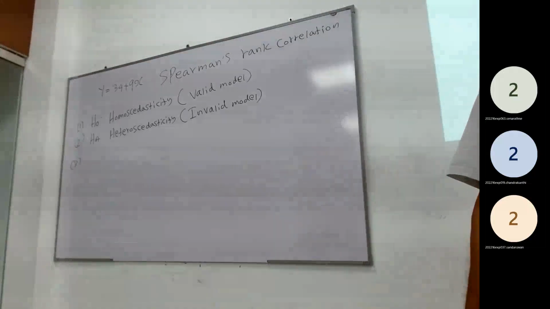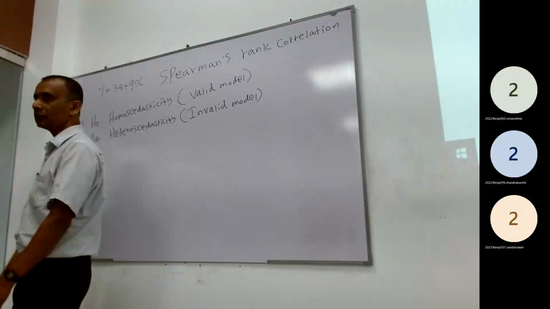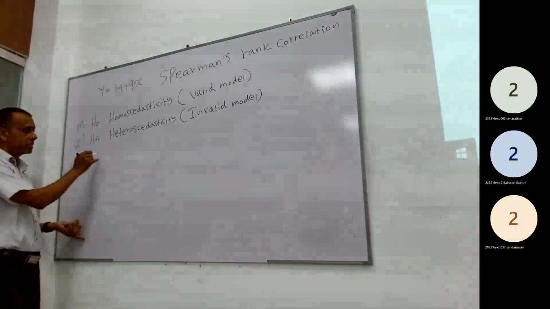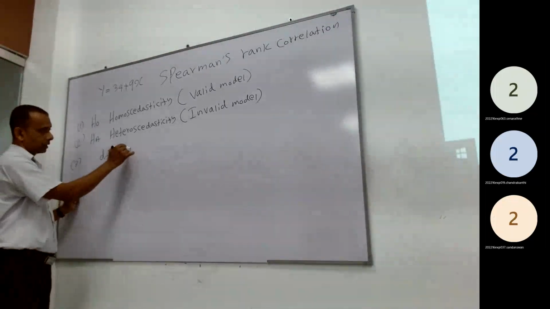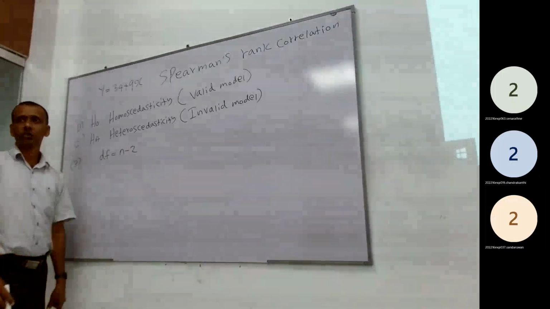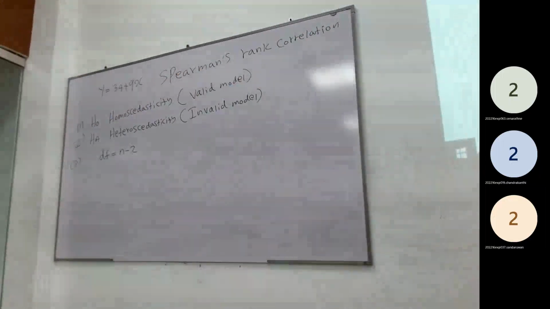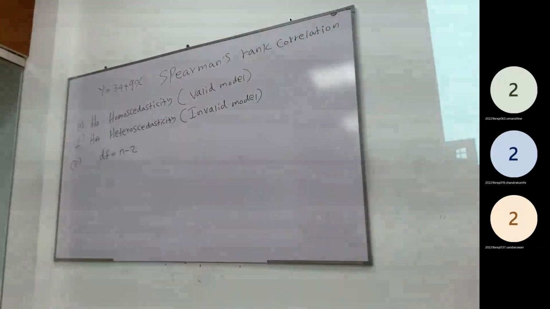When the T table is used, degrees of freedom is given by n-2. We tested Karl Pearson similarly with n-2.